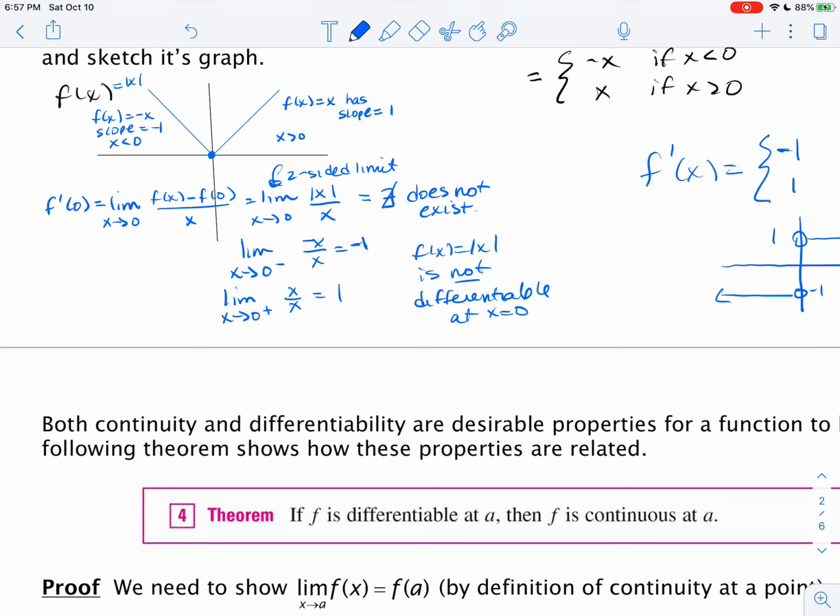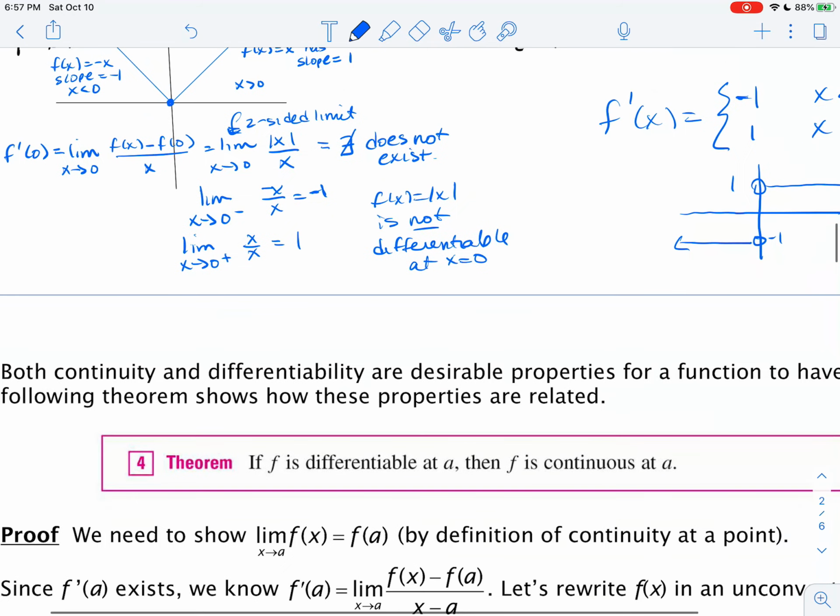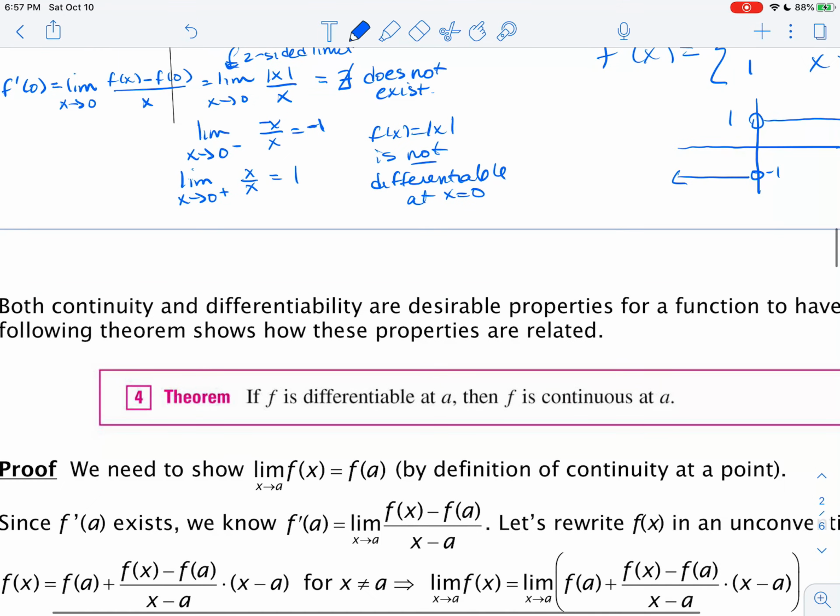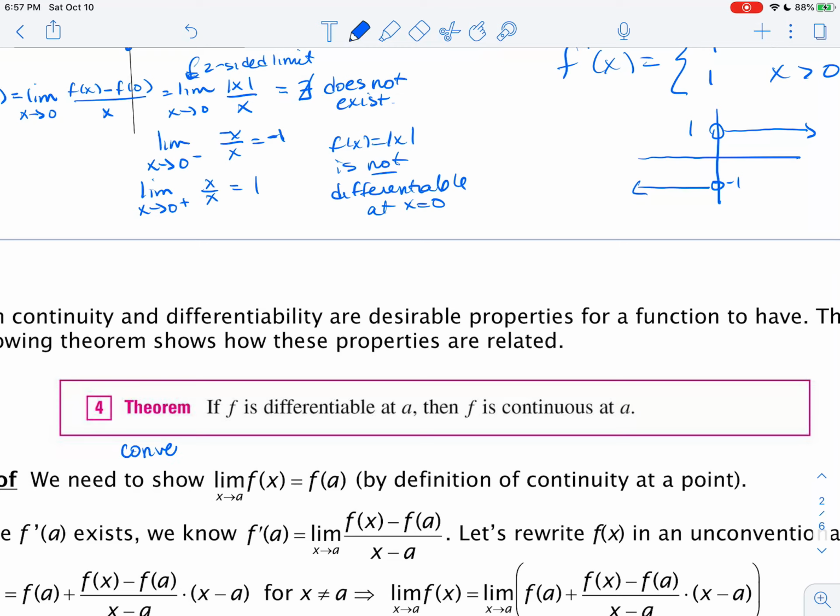However, if a function is differentiable at a, it is continuous at a. So the converse is not true. Right? So if f is continuous at a, it does not imply it is differentiable.